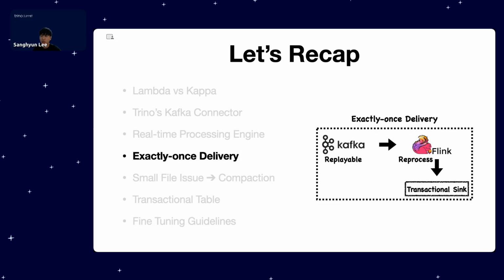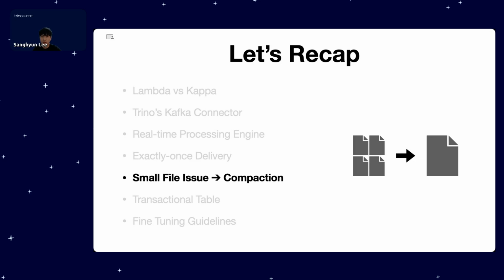After that, we talked about three conditions required for exactly once delivery. We need a processing engine that supports it, and a replayable data source. Lastly, transactional sync. Next, we talked about the small file issue that always occurs in real-time data architecture, and we talked about compaction to solve it.